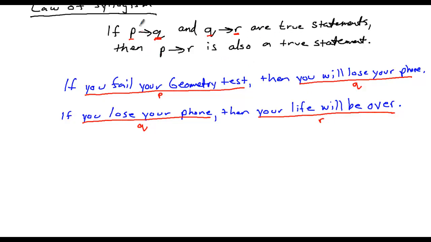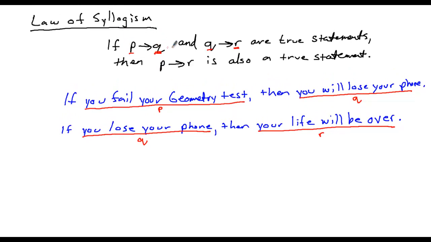All right. The law of syllogism says that if P implies Q and Q implies R are true statements. So we have to assume both of these are true. Now, in your house, they're probably not, which is why you're still failing tests.